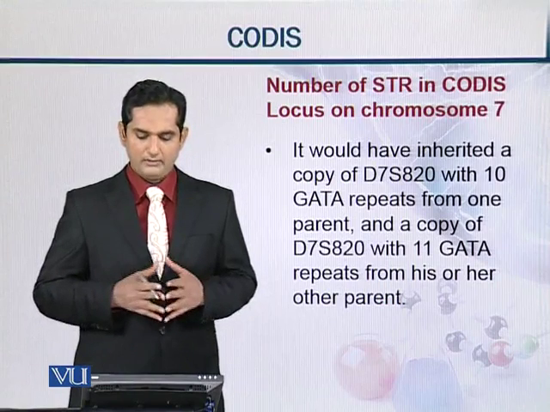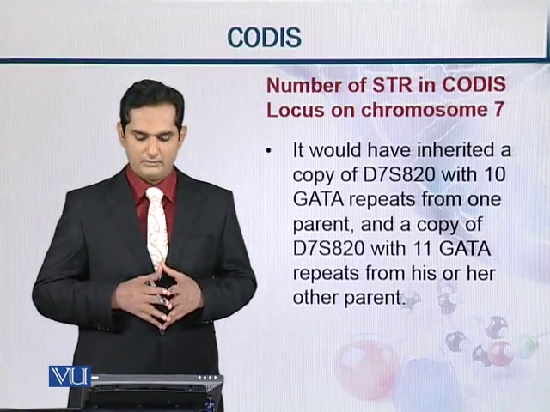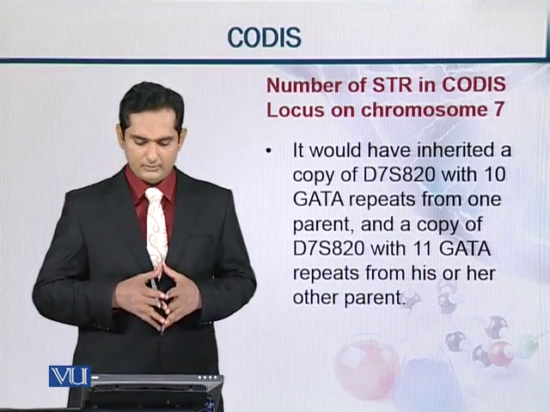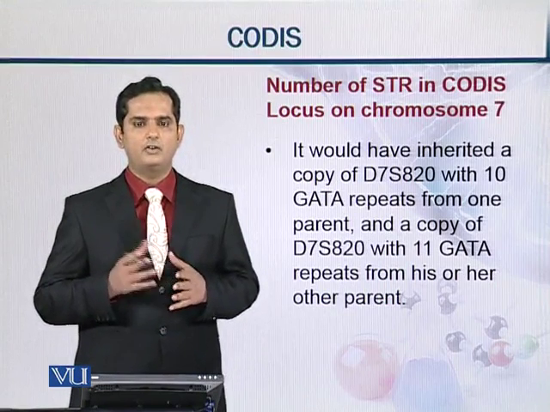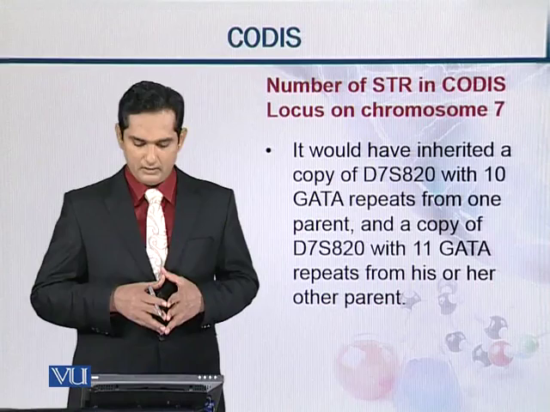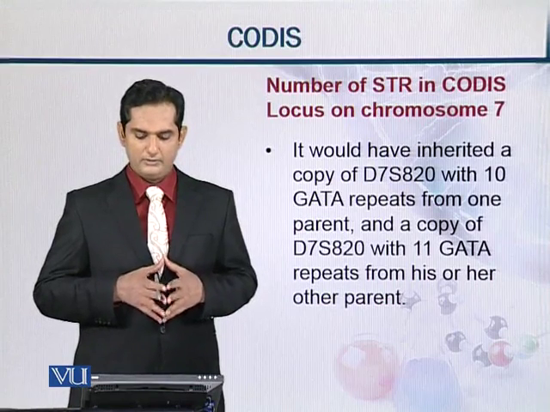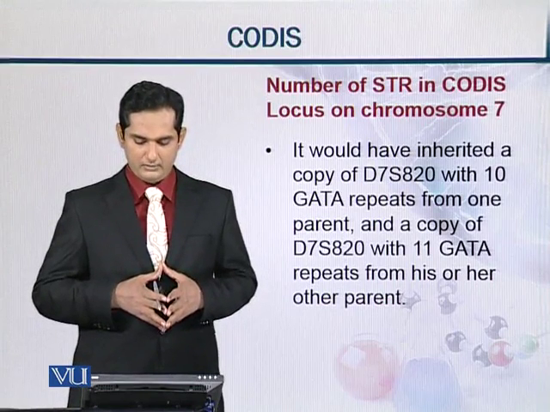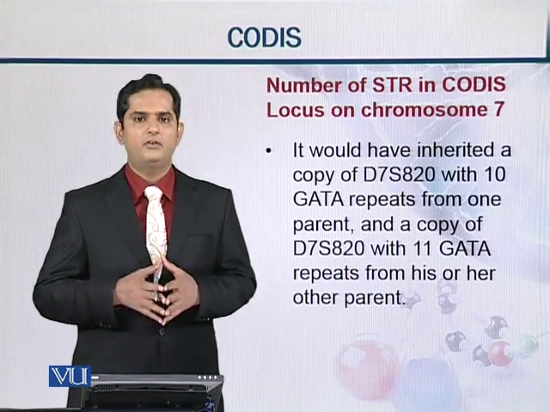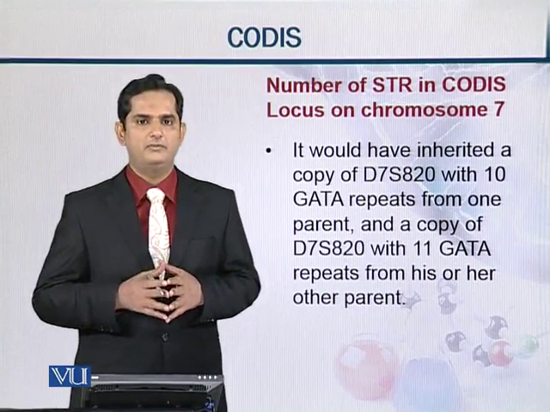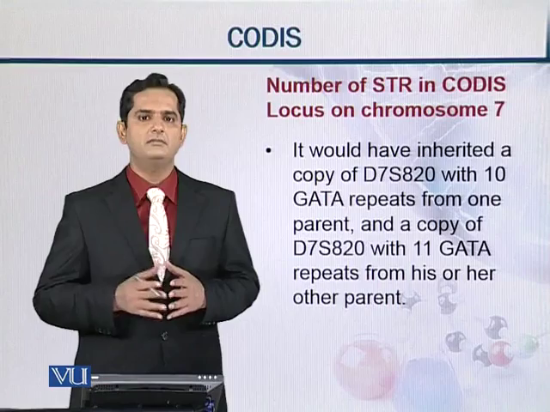We can say that a person would have inherited a copy of this tandem repeat with 10 different GATA repeats, and these repeats can be from his father, or the 11th could be from his mother.